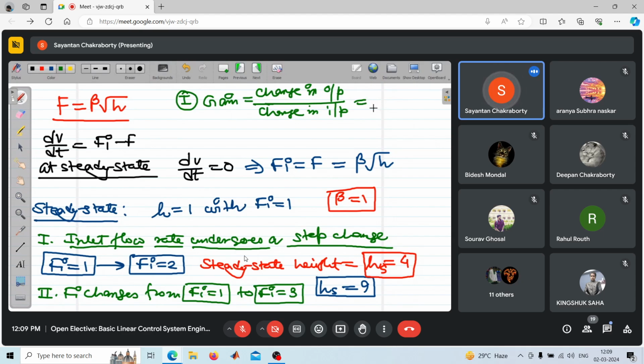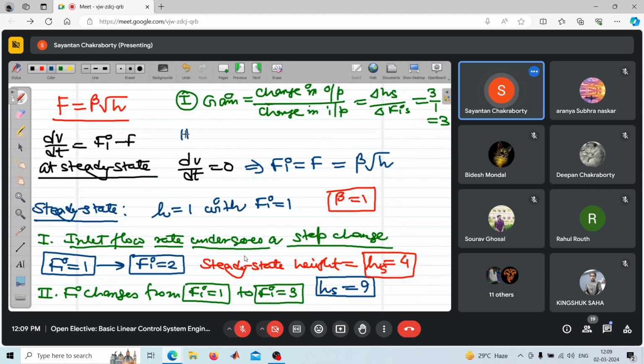So, in the first case, what was the change in output? That is delta Hs by delta Fis. So, there was a change in output from 1 to 4. So, 3 by 1 equal to 3.